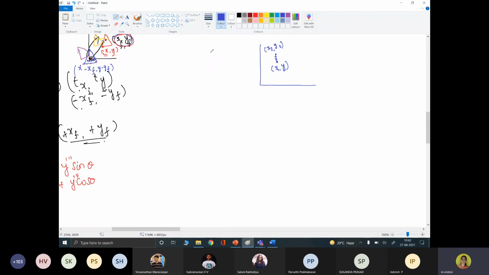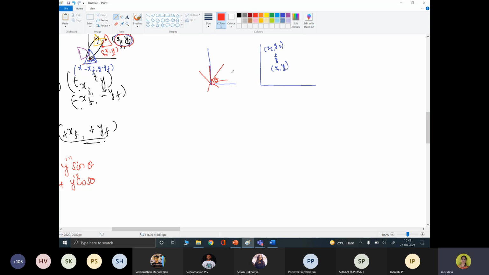If you rotate this by theta, the angle of rotation with respect to the origin, the object can be here, here, here, based on the angle of rotation.